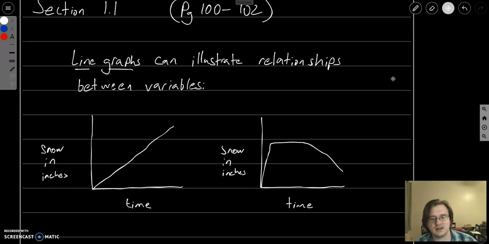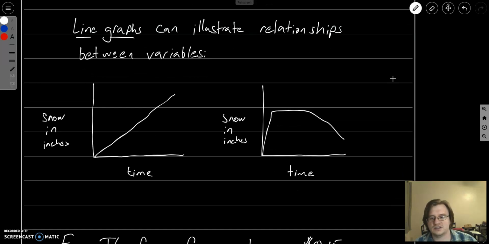So for instance, here's just a couple of graphs. We've got the snow in inches plotted against time, and maybe this is time in days. Based on the shape of the graph, we can begin to understand what was happening, or the information given in these graphs.